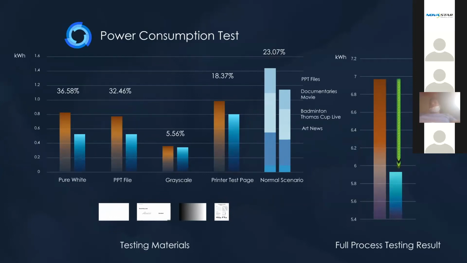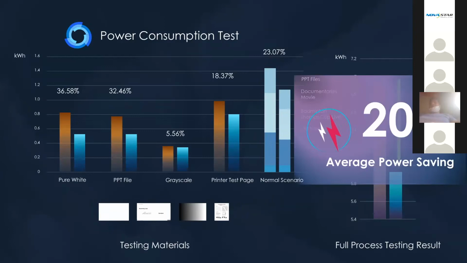And the result is the same. The power consumption of LED display can also be reduced by around 20%. And this means a lot for us, because once the power consumption is lowered, the temperature goes down and color difference is alleviated. Theoretically, the lifespan of your LED walls can be extended overall.